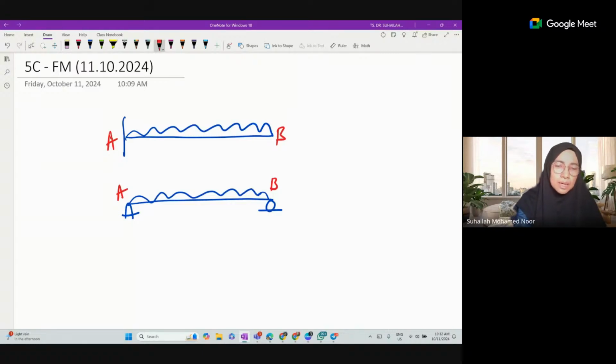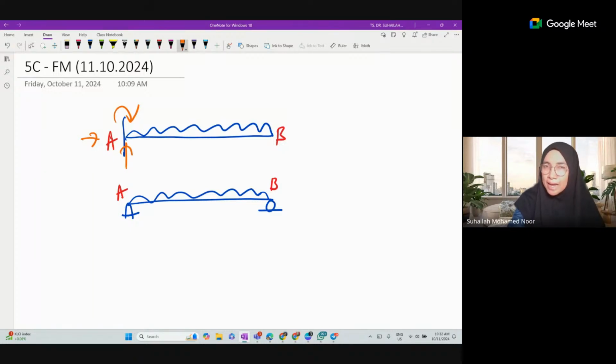Looking at the first diagram first. At A is fixed support. At fixed support, we understand that there are three unknown reactions: 1, 2, 3. And these three unknown reactions can be solved using three equilibrium equations.